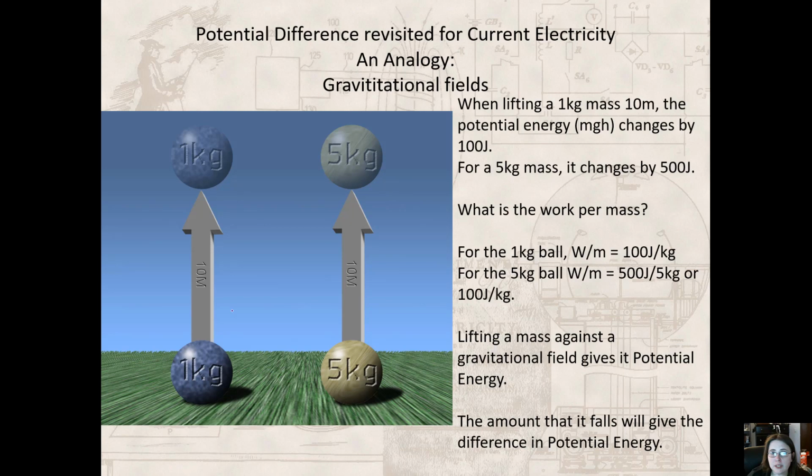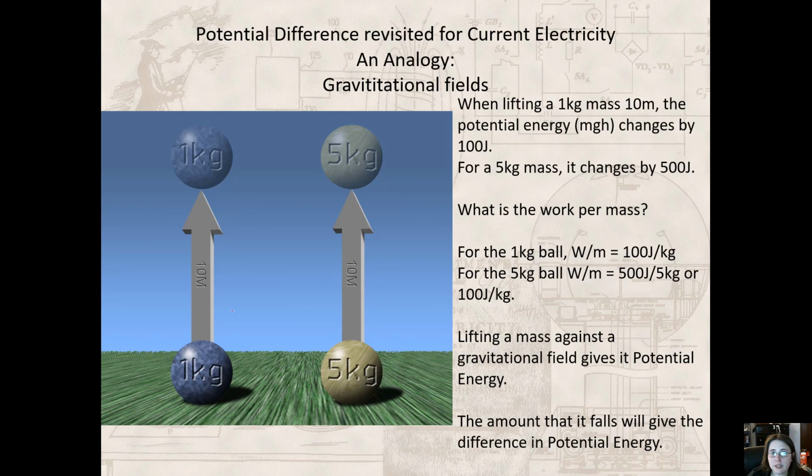So if we worked it out so that we had the 1 kilogram ball, the work per mass would be 100 joules per kilogram. For the 5 kilogram ball, it would be 500 joules per 5 kilograms, or 100 joules per kilogram. So for the mass, it would be the same. Lifting it against that gravitational field gives it the same ratio of potential energy. And the amount that it falls will give the difference in potential energy.